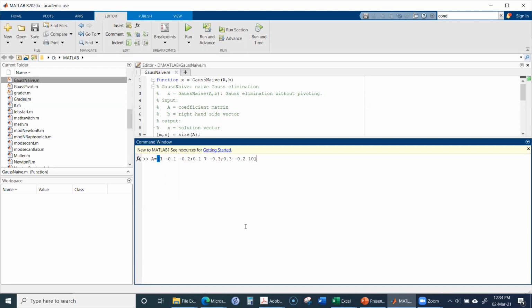So suppose this is our A matrix: 3, minus 0.1, minus 0.2, 0.1, 7, minus 0.3, 0.3, minus 0.2, 10.